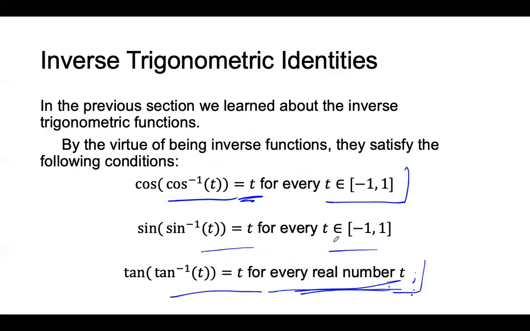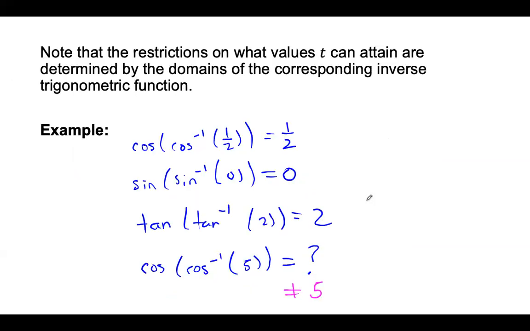Because to go back to the definition, 5 would have to be between -1 and 1, and it's not. 5 is outside. So it's not equal to 5 because 5 is not an element of [-1, 1]. This symbol means not an element of, with a dash, not.